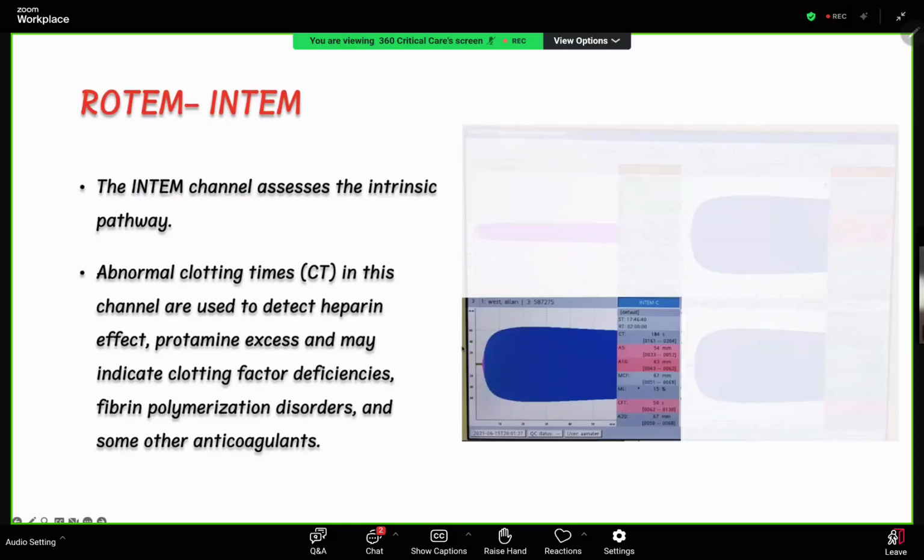So whether it is heparin, protamine excess, clotting factor deficiency, a fibrin polymerization disorder, or any other anticoagulant affecting the intrinsic pathway, you will find an abnormal InTem. Okay, intrinsic pathway problem, right? Now, why I'm saying protamine excess and heparin effect, I asked a question in the group earlier about this. We will take it later.